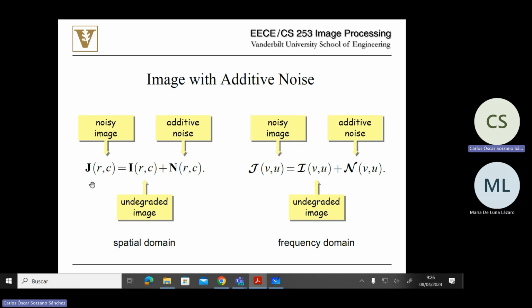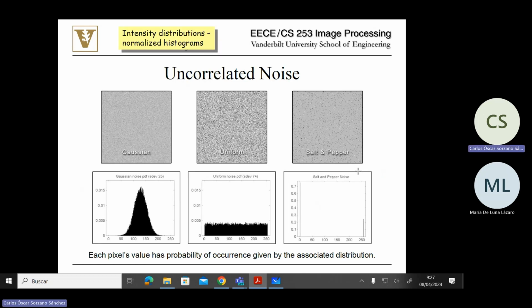Okay, so this is our image formation model. You have an ideal image, the one that you would observe, and that is added to noise. If you take the Fourier transform, the Fourier transform of the noisy image is the Fourier transform of the ideal plus the Fourier transform of the noise. Here are some examples of how uncorrelated noise looks like: Gaussian, uniform, salt and pepper.